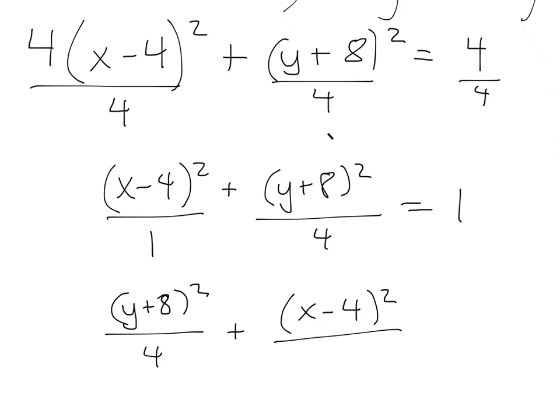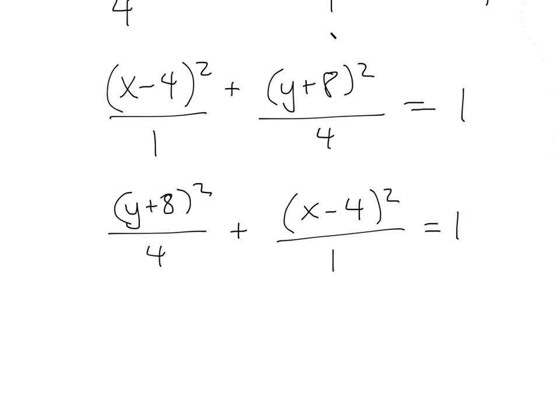Because the biggest number is under the y, this is going to be an ellipse on the vertical axis, so it's going to be a tall ellipse instead of a fat ellipse.